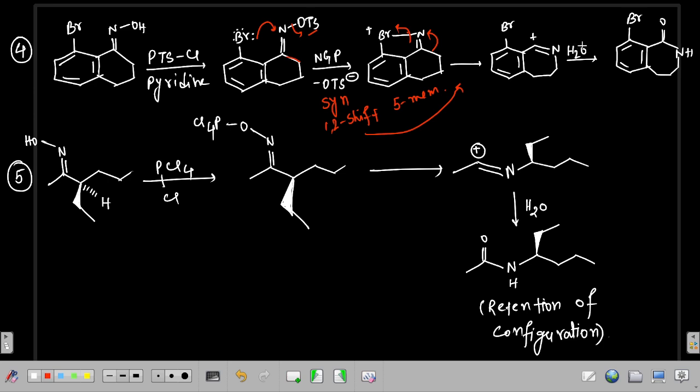After this it forms this cyclo, say 7-membered ring, and after this it reacts with H2O and gives this amide.